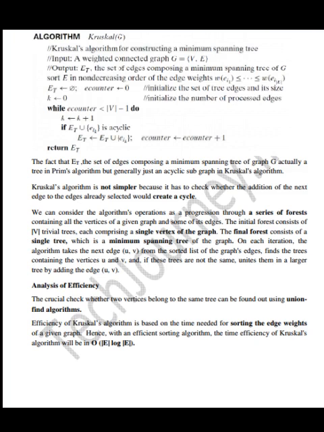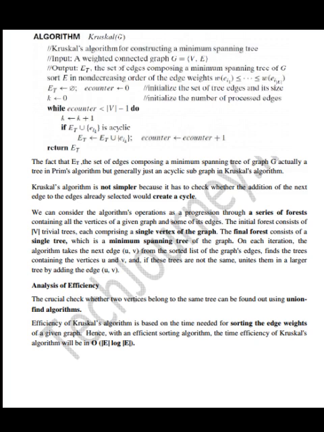On each iteration, the algorithm takes the next edge (u, v) from the sorted list of the graph's edges, finds the trees containing the vertices u and v, and if these trees are not the same, unites them in a larger tree by adding the edge (u, v).